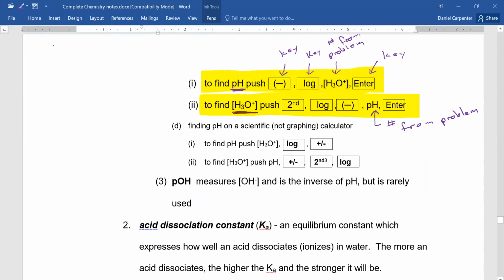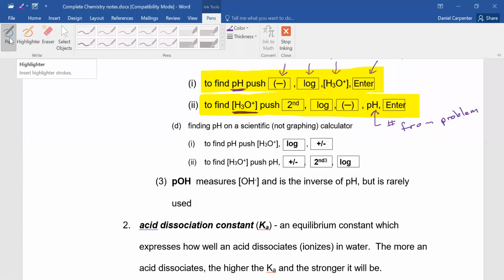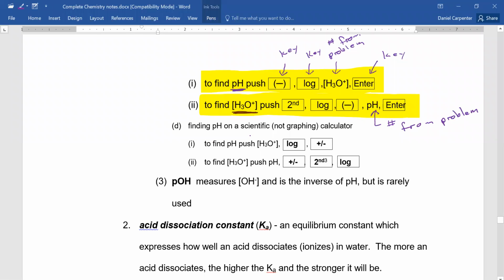If you're stuck without a graphing calculator, and if you have something other than Texas Instruments, maybe it works this way, maybe it doesn't. You'll have to play with it. I might have a hard time helping you remotely. If you have a scientific calculator, you'll use this.